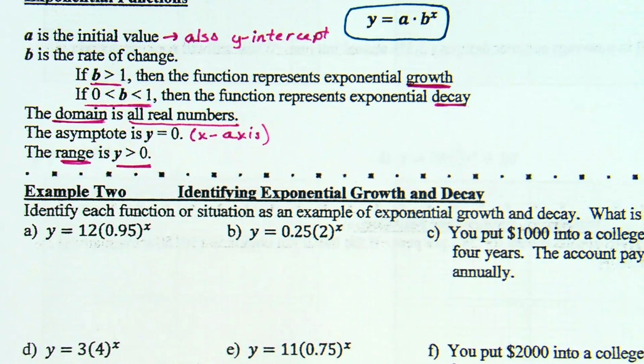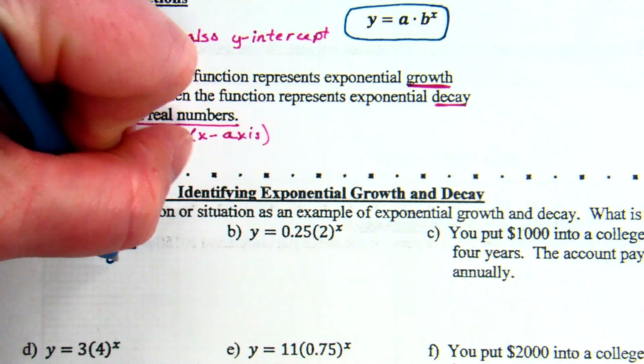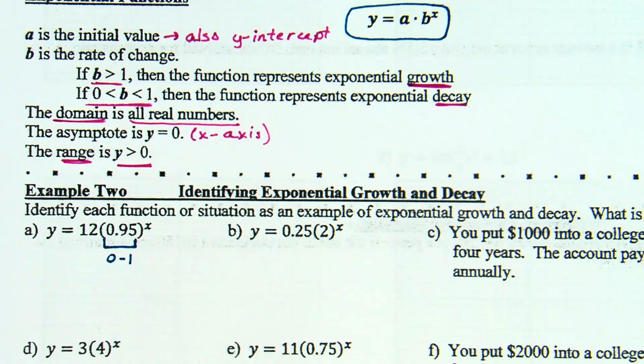Is this an example of growth or decay? Why decay, Cyrus? Because the b value is less than 1. And the b value is what's ever raised to the x, correct? So that b value is between 0 and 1, and because it's between 0 and 1, this is an example of exponential decay.